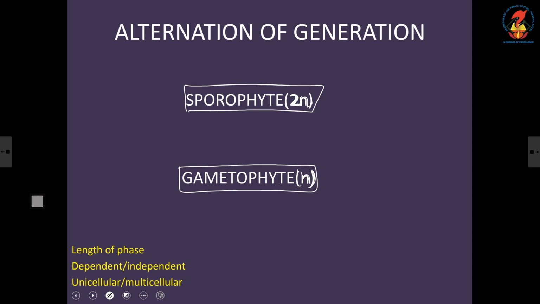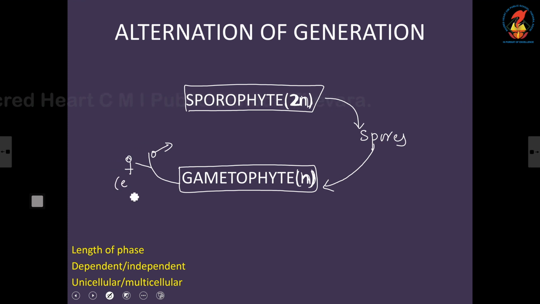They alternate with one another. The sporophyte, as the name suggests, produces spores. And these spores, when they fall on the substratum, germinate into the gametophyte. And the gametophyte, as the name suggests, produces 2 gametes, namely the male gamete and the female gamete. The female gamete is the egg and the male gamete is the sperm.